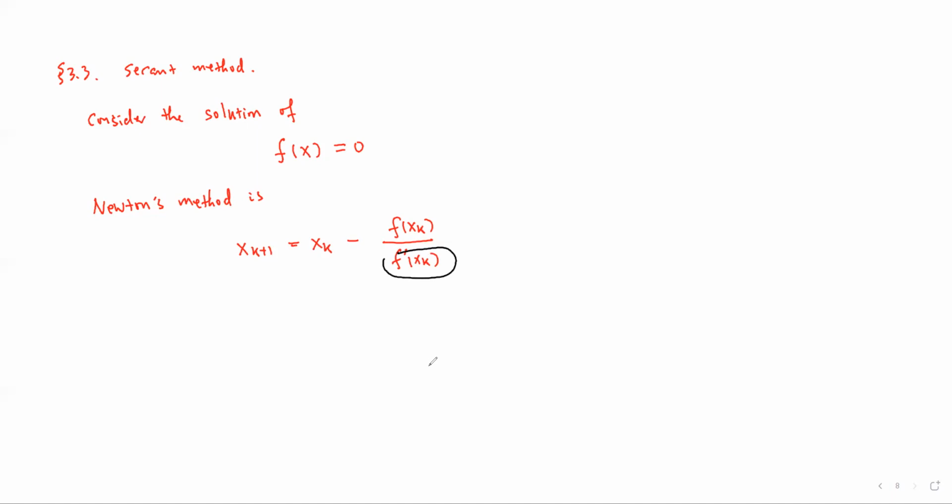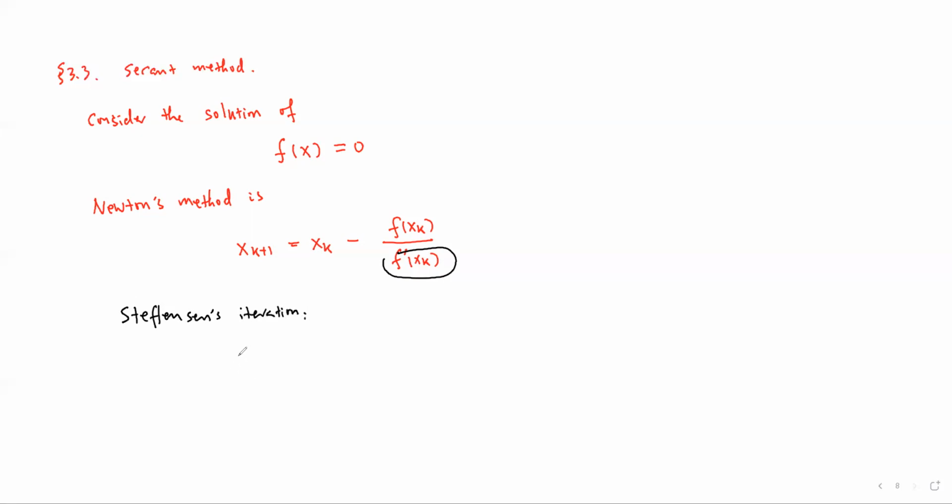Now, how to replace the derivative? There are many ways to replace the derivative. Let me show you 2 examples. The first example is called Steffensen iteration.